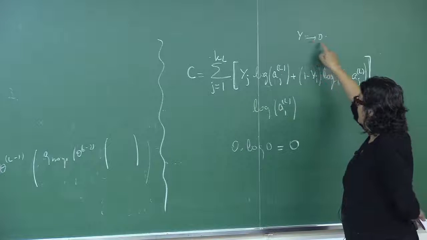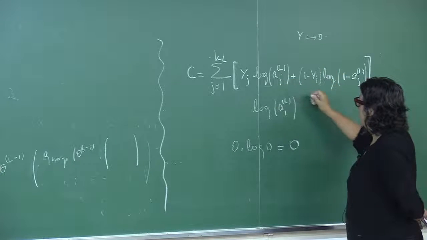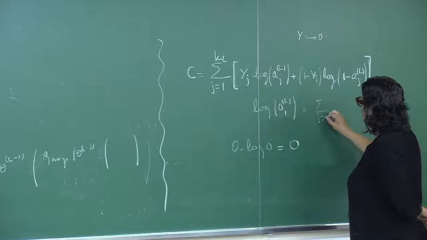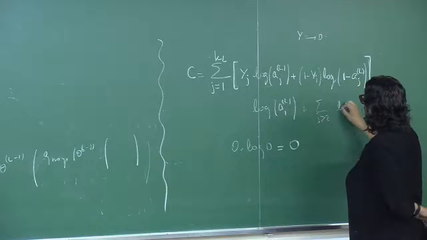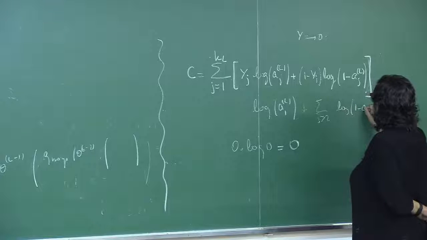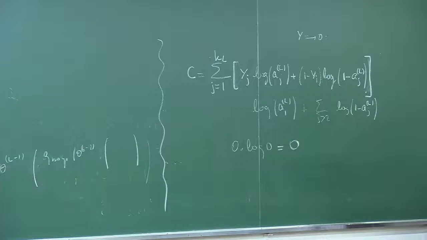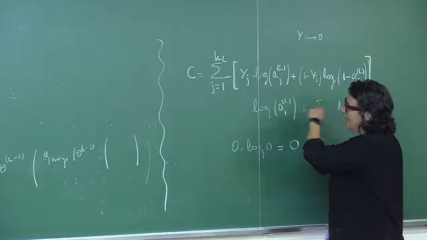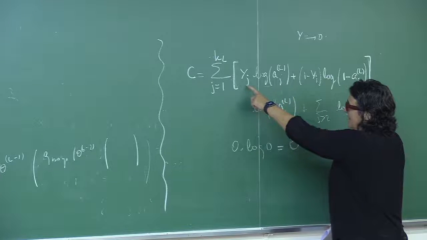Since the others are 0, these are all 0, and then you have the sum for j greater than 2 of log of 1 minus A_j^L, because in the sum the other numbers are 0.